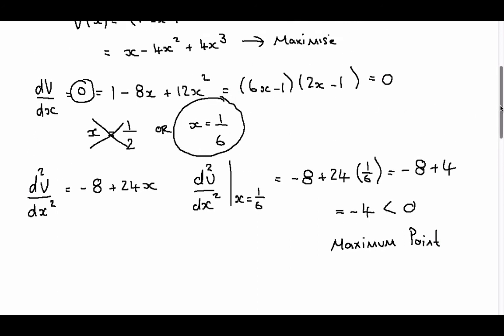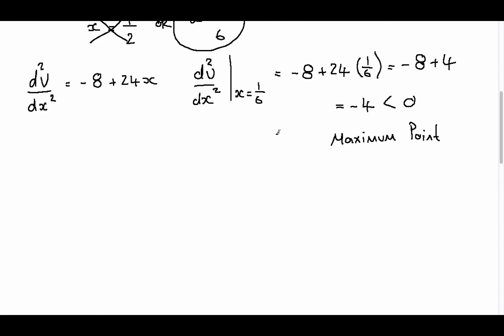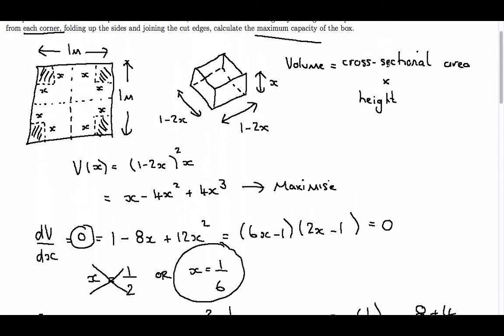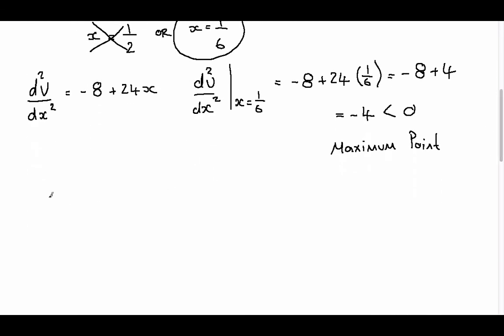We now just need to find the volume, and to do so we just substitute x equals 1/6 back into our original equation. So what we'll say is that V is equal to 1 minus 2x all squared times x, and so when we sub in x equals 1/6 we'll get 1 minus 2 times 1/6, which is a third, all squared times 1/6.